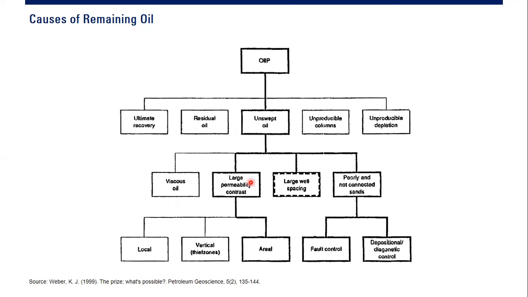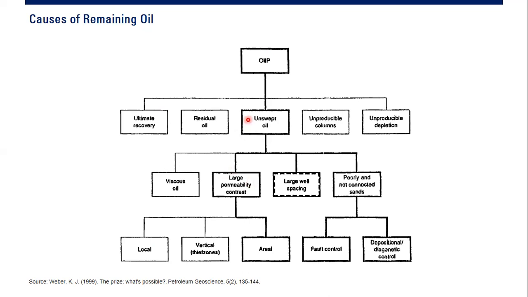And of course, the place with least resistance is the zone with higher permeability. So water will tend to move through the high permeability zone, such that later on it will lead to unswept oil. It will lead to low sweep efficiency. Okay, so you will have some oil left unswept by the water.